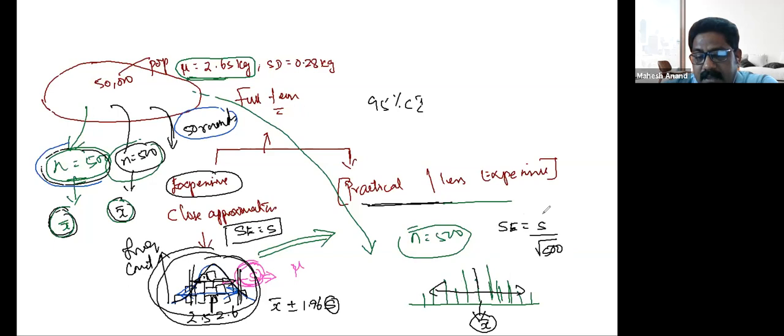This is called the standard error of the mean, an approximate estimate of this S value. Hope you can relate it. We can relate the standard deviation with this formula: the standard error of the mean is the standard deviation divided by root n.